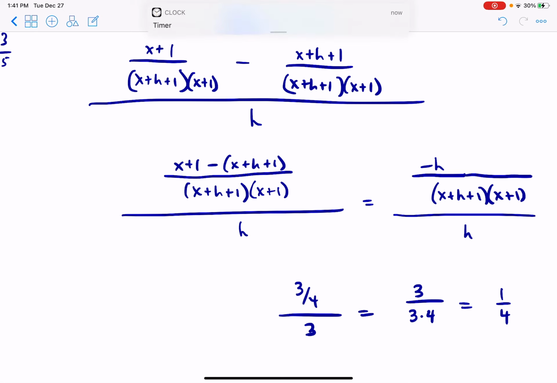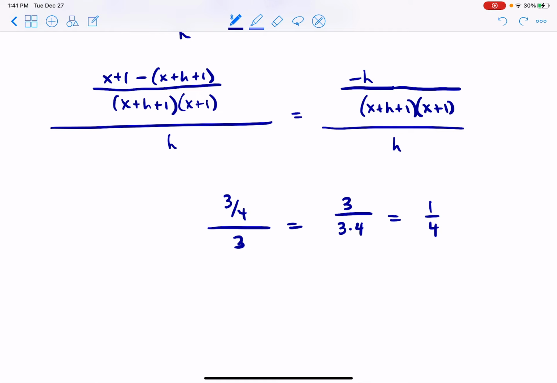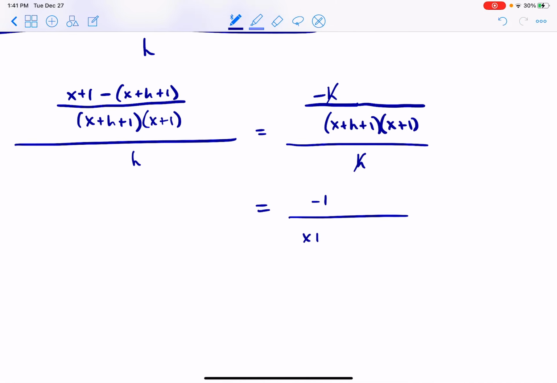So this h here can kind of slide up into there. You have to be really careful with this, so you have to know how to manipulate fractions well. What'll happen then is that this h will cancel with this one, and I will get -1. Don't forget the negative h divided by h is -1, divided by (x plus h plus 1)(x plus 1).